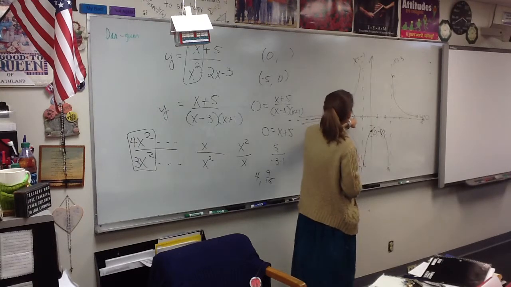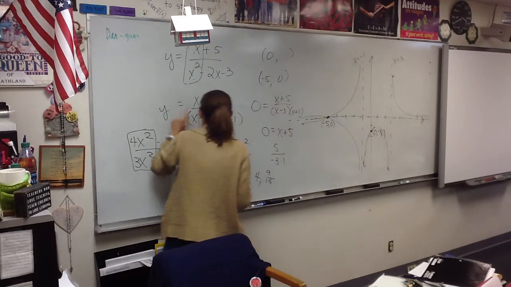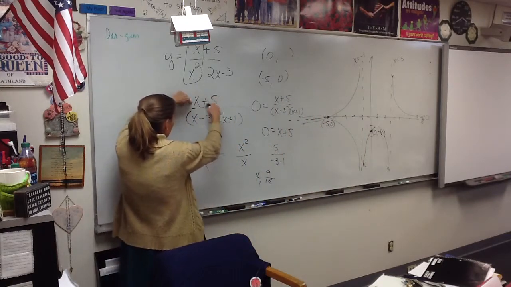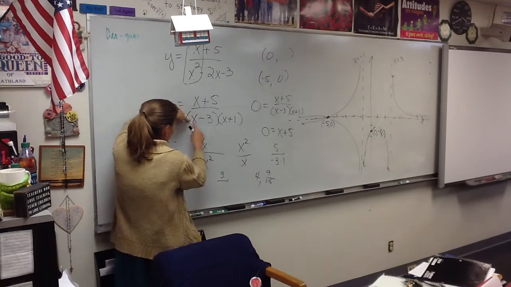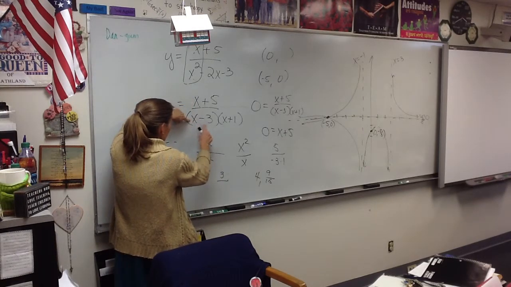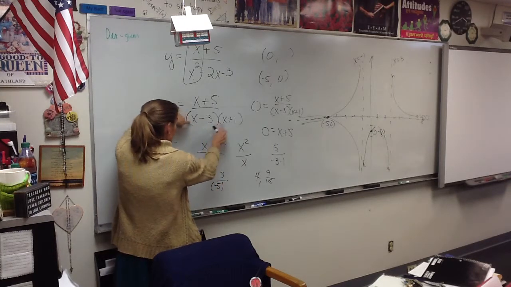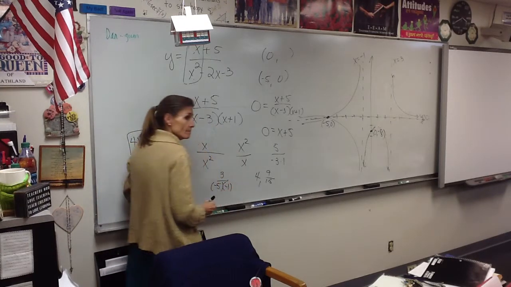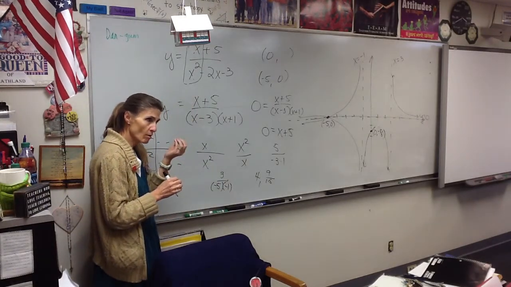So the point I put in might be -2. So let's put -2 in, and when I put -2 in, I get 3 on the top. Now I'm putting -2 in. So that gives me -5 times -1. Now again, it's not even the actual number you care about.